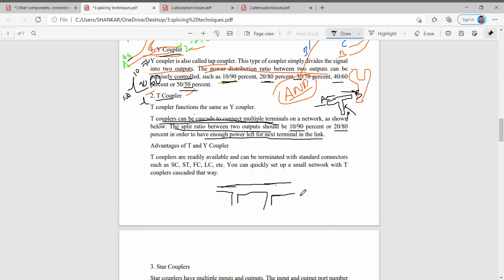In the case of a demultiplexer, you have one input and many outputs, so we can use Y couplers and T couplers to design demultiplexers also. There are many advantages of couplers. We can use T couplers in photonic integrated circuits, optical signal processing devices and optical networking.